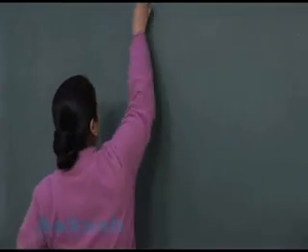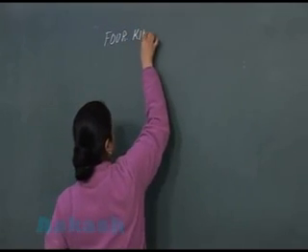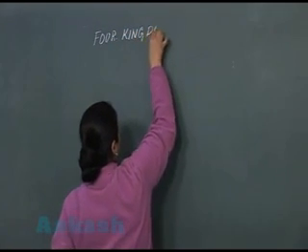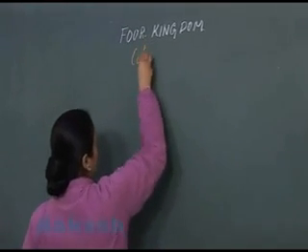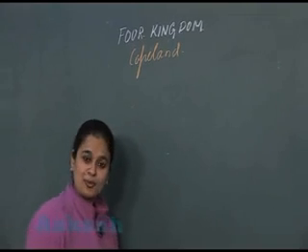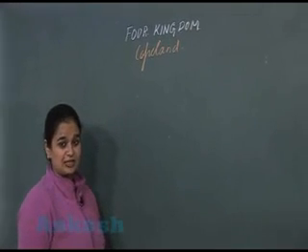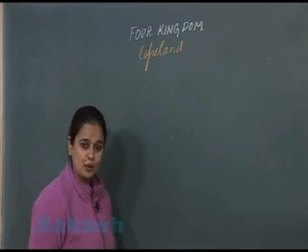Now the four kingdom classification system. Four kingdom classification system was given by the scientist Copeland. Copeland created a new kingdom. The name of the kingdom is Mycota.